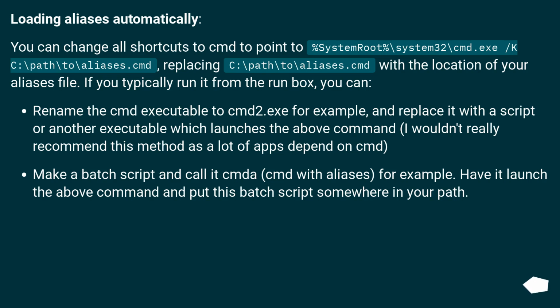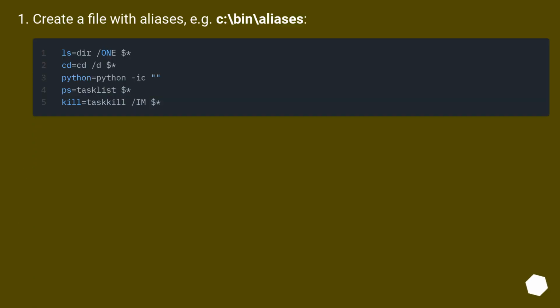Make a batch script and call it cmd-with-aliases, for example. Have it launch the above command and put this batch script somewhere in your path. It's as simple as: create a file with aliases, for example c:\bin\aliases.